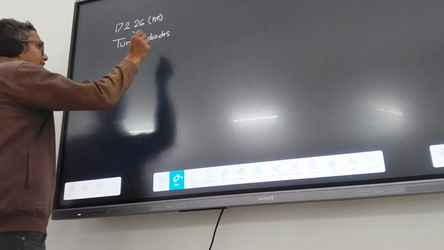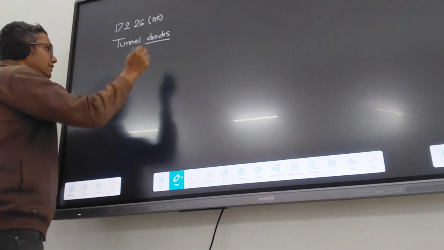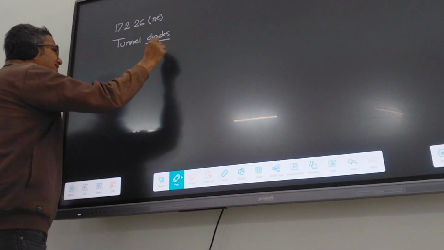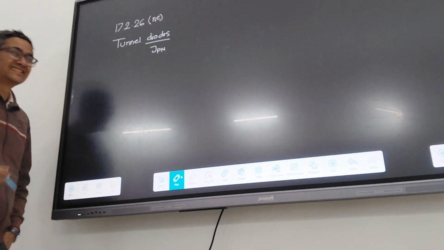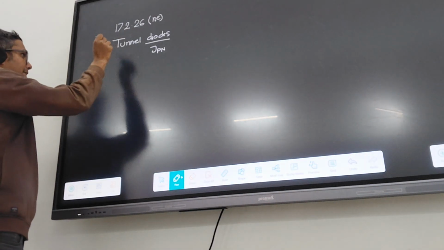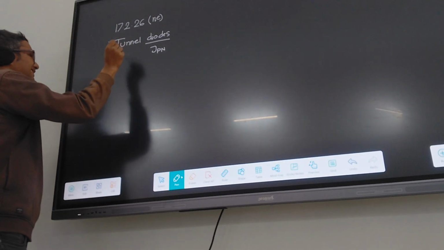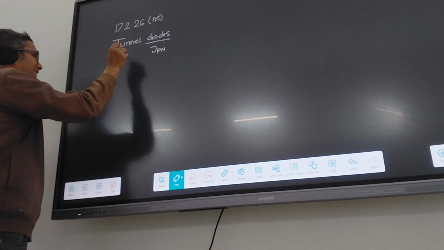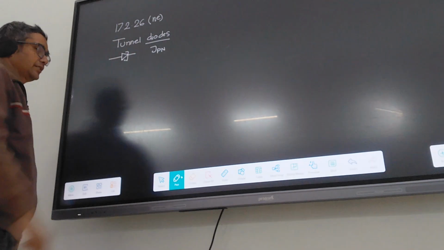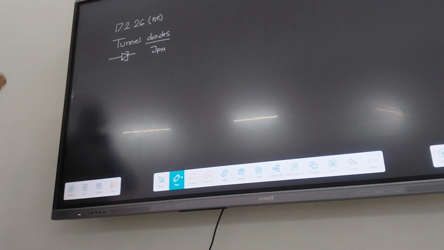First of all, you need to understand how a PN junction works, and secondly, how we are associating a tunnel diode with a PN junction. This is the symbol of a tunnel diode.